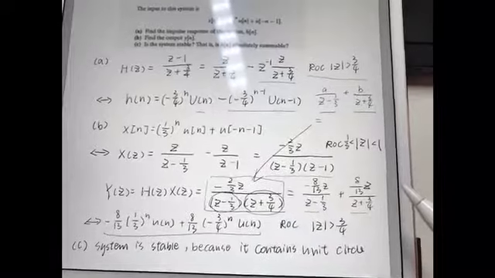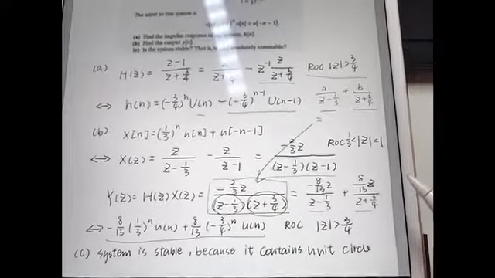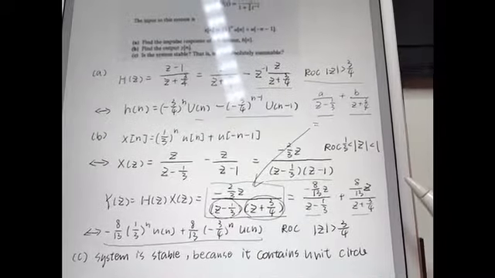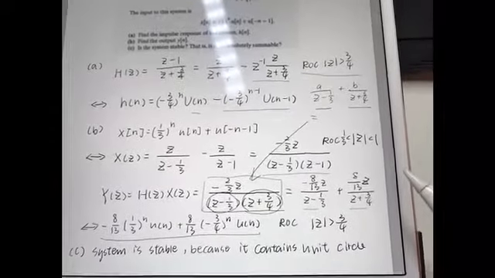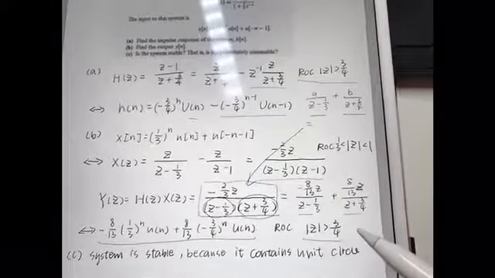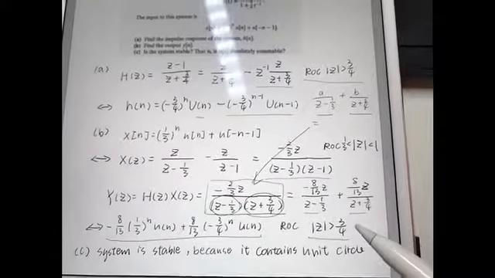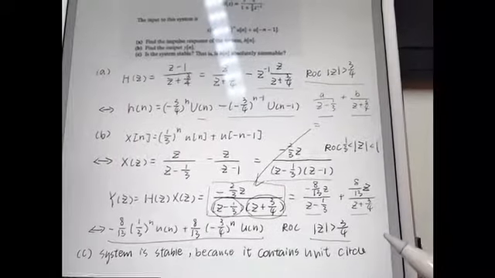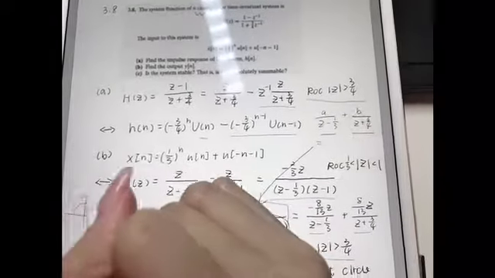And now look at question C. It wants us to judge whether the system is stable. Because the ROC is |z| larger than 3/4, it will be like this.